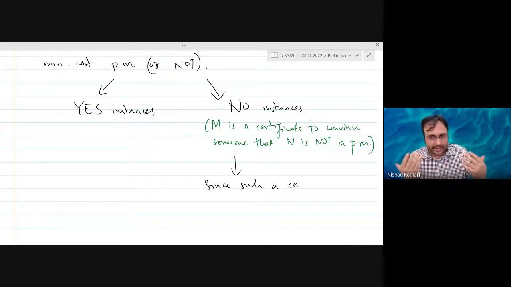The right way to talk about it is polynomial time on a deterministic Turing machine. But if you're not familiar with those things, don't worry about it. It is intuitively clear that if the graph has a certain size, you can check quickly that the cost of M is strictly less than the cost of N. It doesn't require you to check exponentially many possibilities.